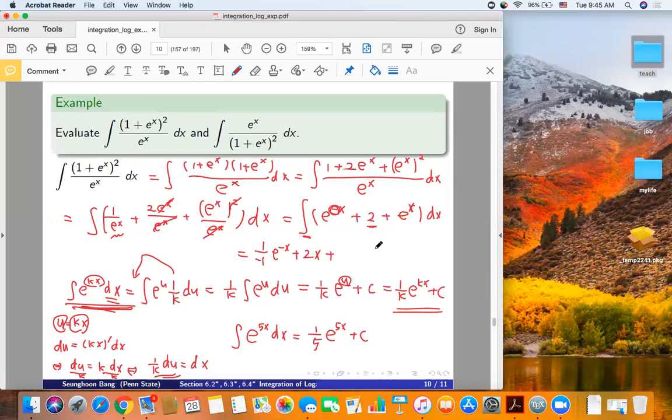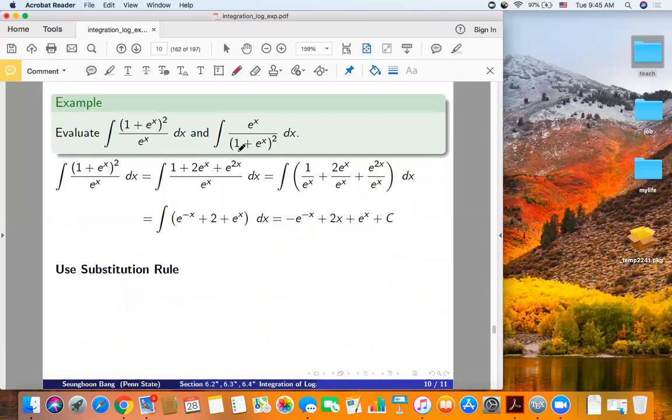For the last one, the integral of e to the x is e to the x plus c. So you can change: negative e to the minus x plus 2x plus e to the x plus c. So that's it. This is your final answer for solving this problem.